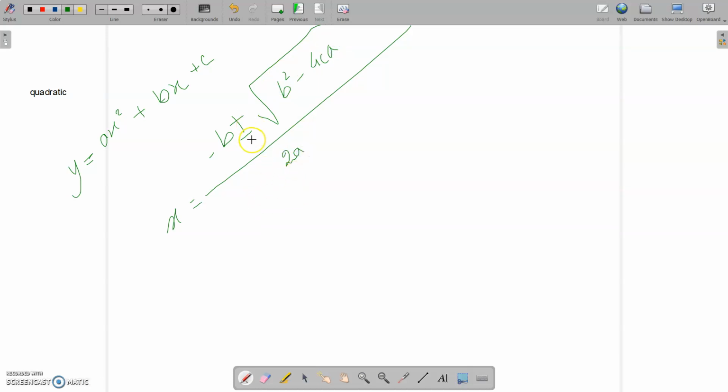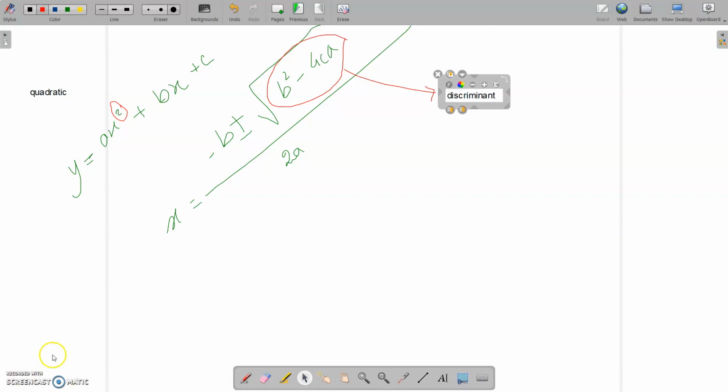As you can see, plus minus means there are 2 possible values that we will get. Since I have a second order equation, I should get 2 roots. Now this b² - 4ac portion is what we are interested in. This has a name, and this is called the discriminant.